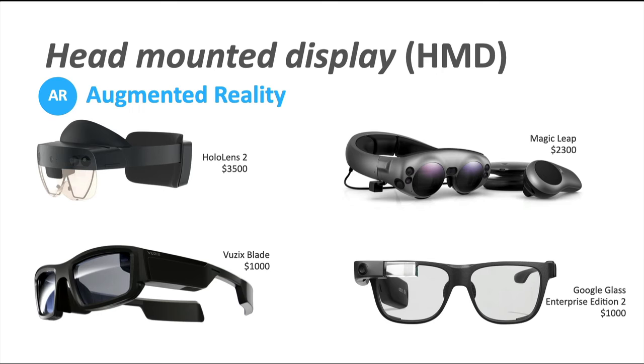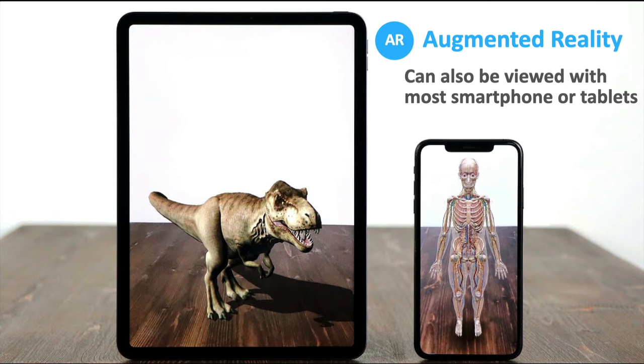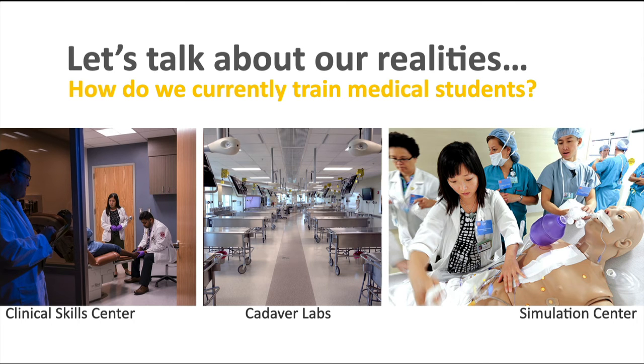These often don't require a standalone computer to operate. Now, interestingly, augmented reality can also be viewed with most smartphones or tablets, so that provides another opportunity there. Again, think about Pokemon Go. Here's an example of two images on a tablet and a phone that are being displayed on top of a real table.